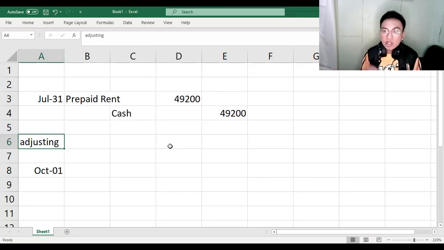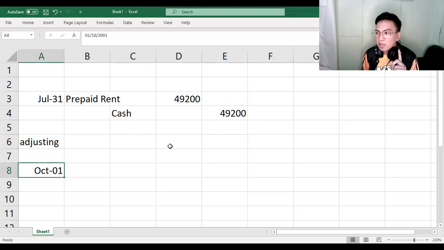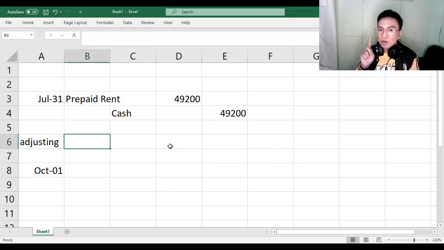Answer is no. Because we were only asked on October 1, umpisa ng Oktubre. So, what we have to understand here is that we started renting the place on August, then September, but not yet on October. Therefore, the adjusting will only include 2 months of use.